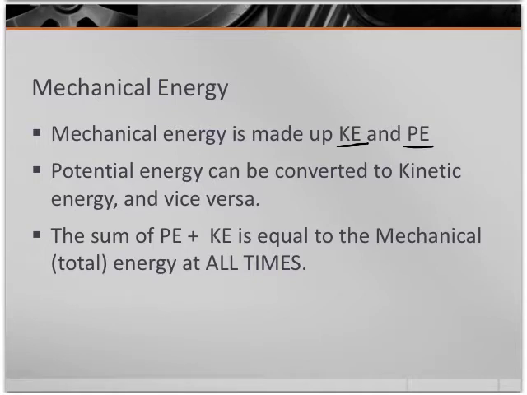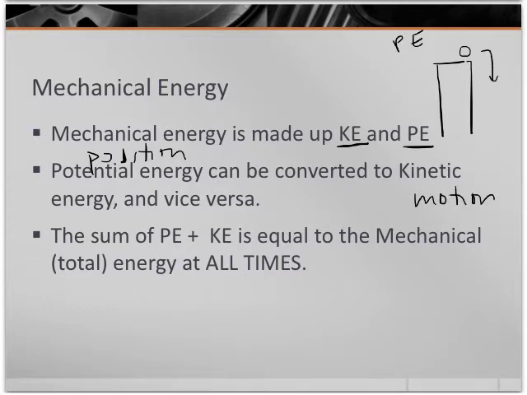So we remember potential energy is based on position. So you want to talk about an object that is on top of something. Okay, so that ball has potential energy, whereas kinetic energy is based on motion. So say this ball falls off, now it's going to have kinetic energy.